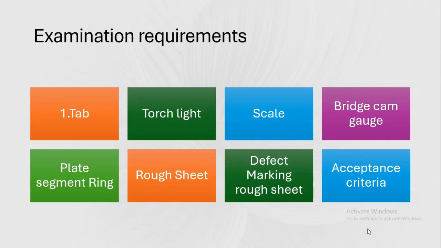If you feed your answer directly into the tab, you'll be confused and it will be quite difficult to answer. So fill in the defect marking sheet first, then feed your answer. It's my advice. They'll also provide the acceptance criteria sheet, where you can see the defect type, its explanation and criteria value.